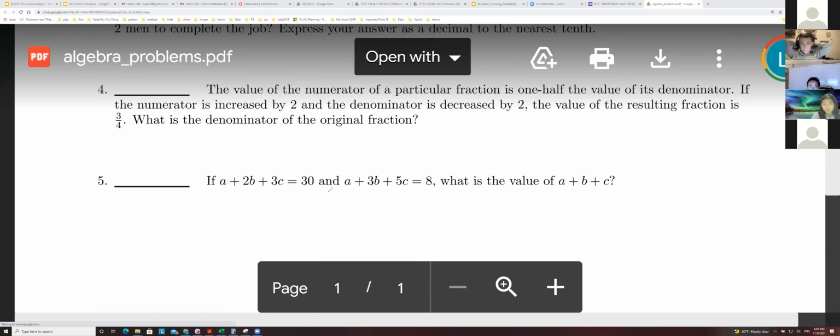So which one minus which one? A plus 3b plus 5c. Oh no, the first equation minus the second. Okay, so you get minus b minus 2c, which is also b plus 2c equals negative 22.